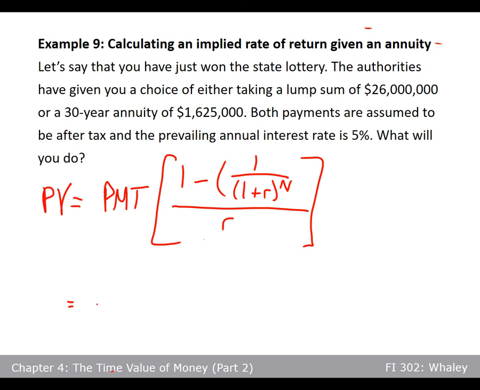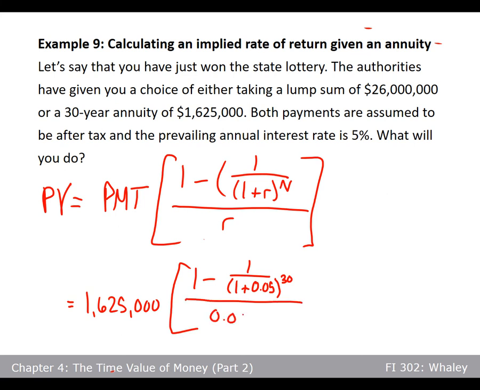We know that the payment is $1,625,000. So 1 minus 1 over (1 plus r), that's the interest rate, 0.05, raised to the n, that's 30 years, over 0.05. And you could solve that formula down, right?